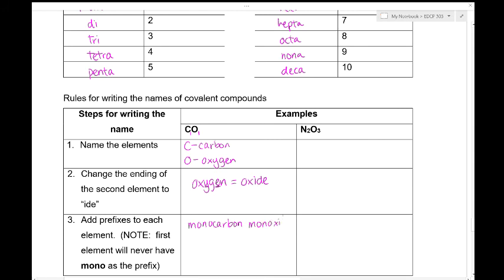Now keep in mind, it is 1 O, not 2 O. If it's 2 O, it will become monooxide, and in the English language, typically 2 vowels don't really exist together. Because it says monocarbon, we're going to erase mono. And your final answer will just be carbon monoxide.